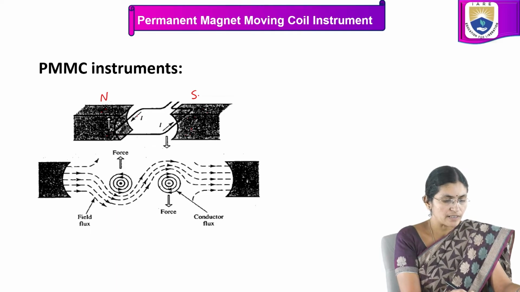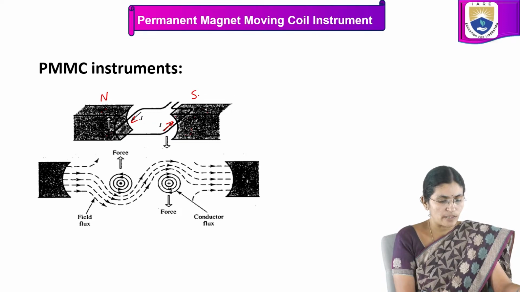Consider the direction of the current in this side of the coil as I, and here this is the direction of the current flowing in the coil.